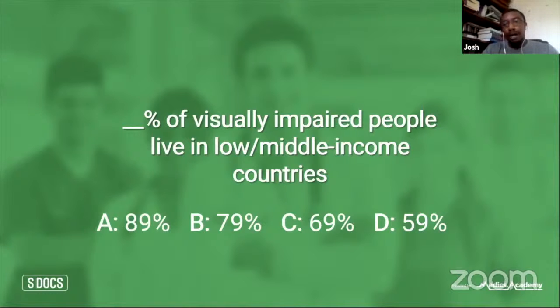So just have a think about that. I'll give you a few seconds to think of what your answer would be. And so the answer for this is 89%, massive proportion of visually impaired people live in low and middle income countries.